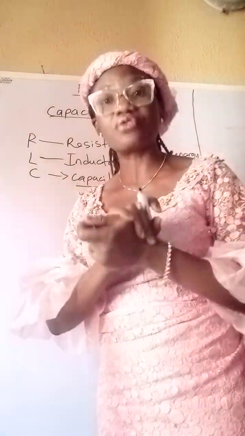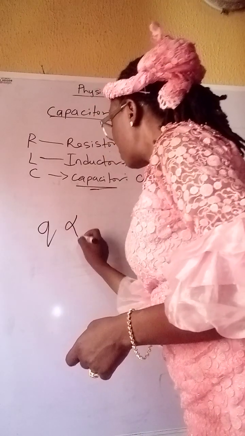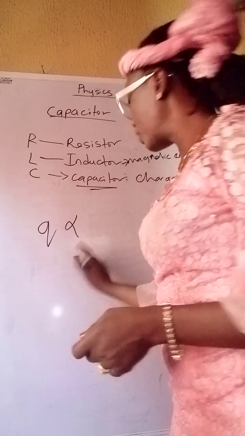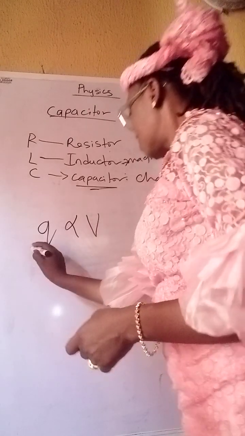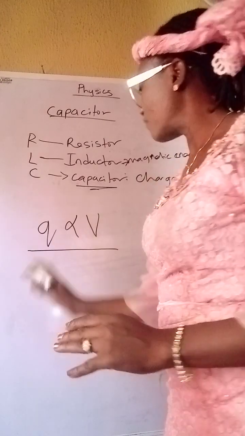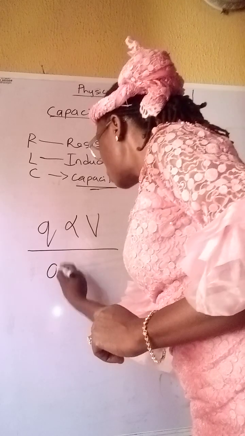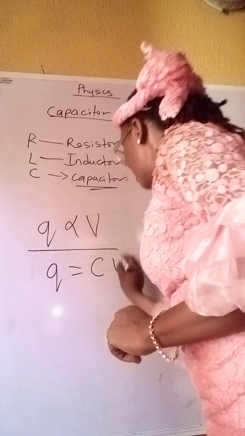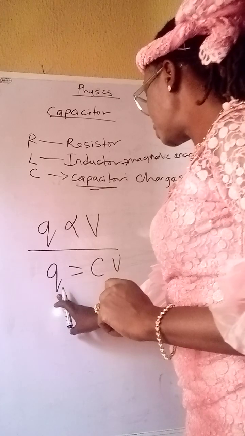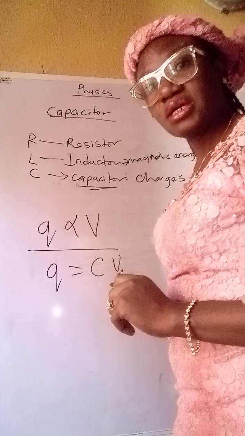Experimentally, it has been proven that the magnitude of charge Q is directly proportional to the potential difference V. And you know in mathematics, if I'm to remove the sign of proportionality, we introduce a constant. So we have Q is equal to CV, where C is a constant, Q is the charge, and V is the potential difference.